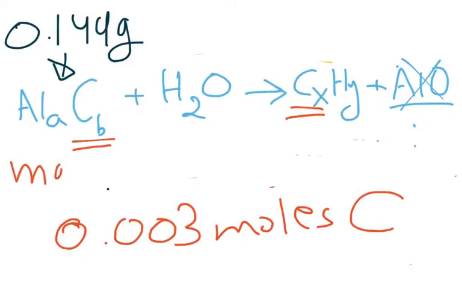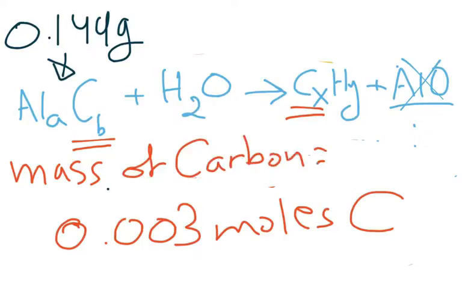We want the mass of carbon, and that would be 0.036 grams, okay? Because we have the molar mass, which is 12 grams per mole, and we have the moles. Okay, so 12 times 0.003 would be 0.036 grams. Okay, now we got the mass of carbon.